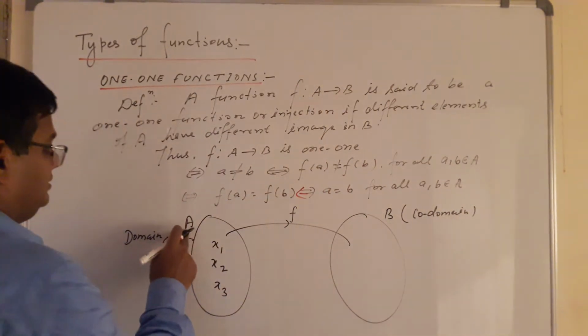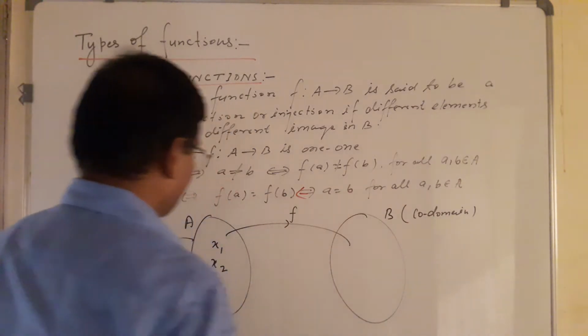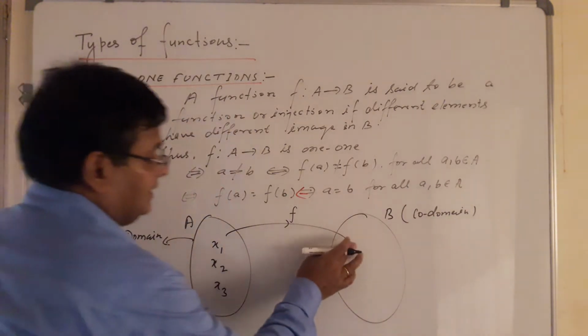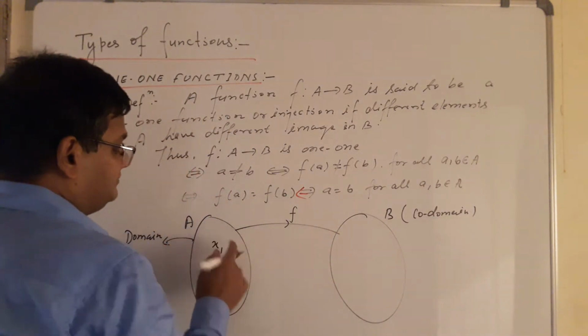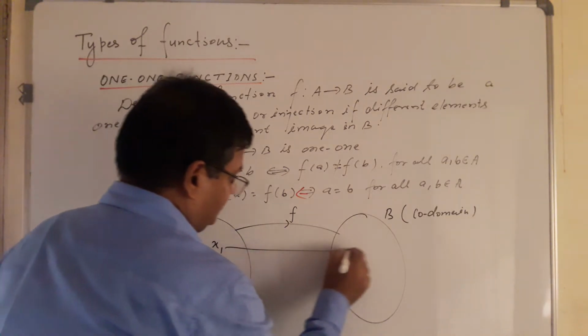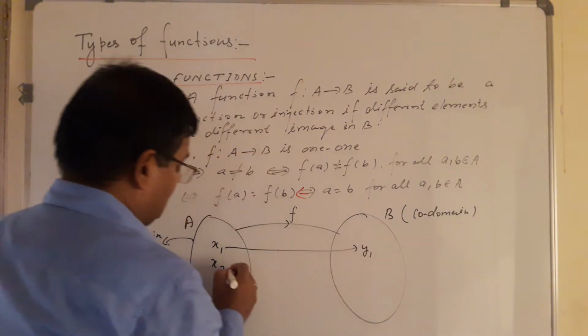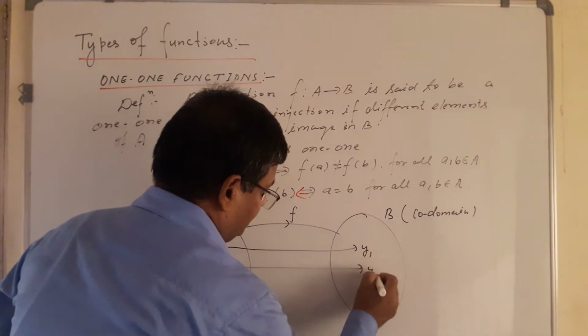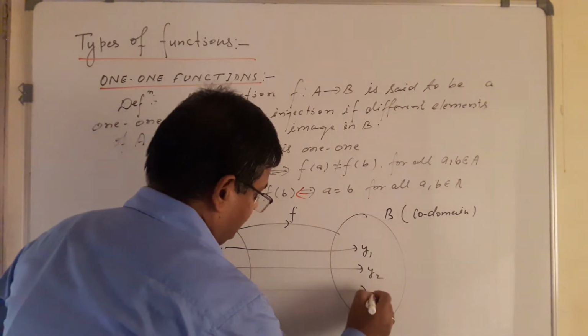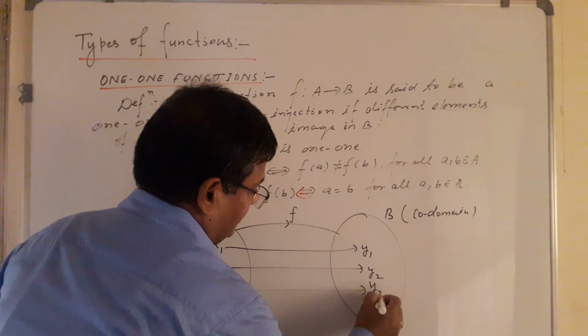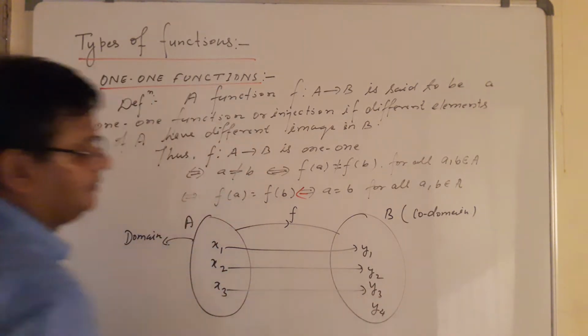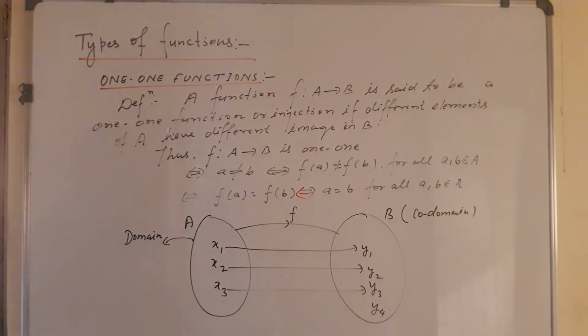Now x1 has the image y1, x2 has the image y2, x3 has the image y3, and suppose there is also y4 here.